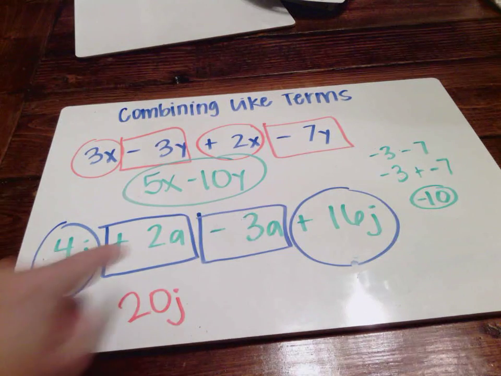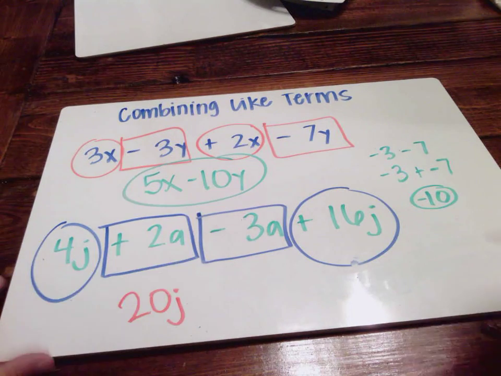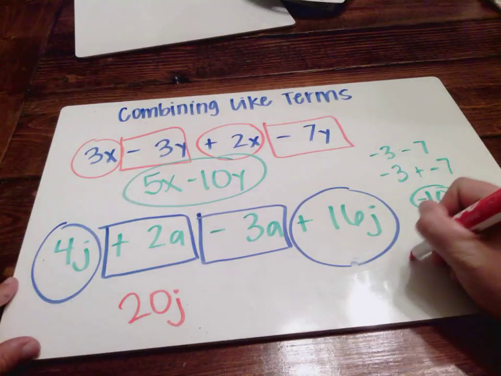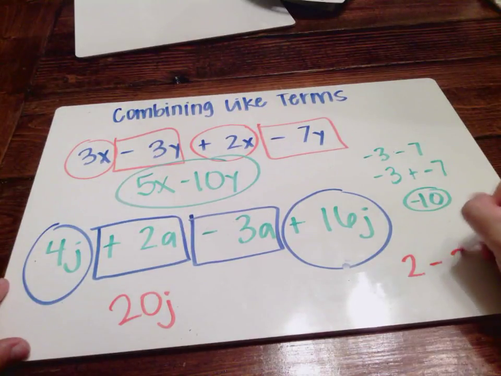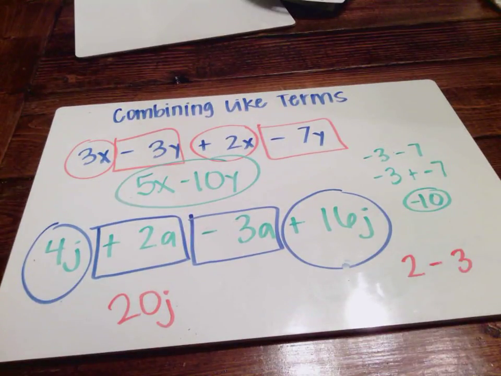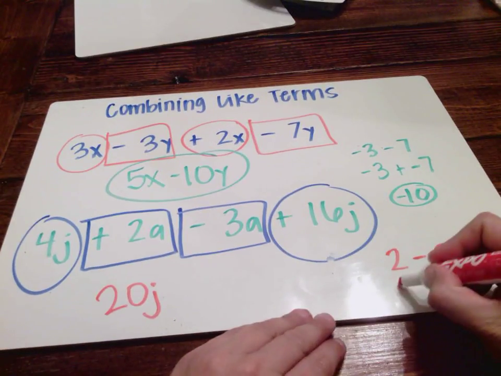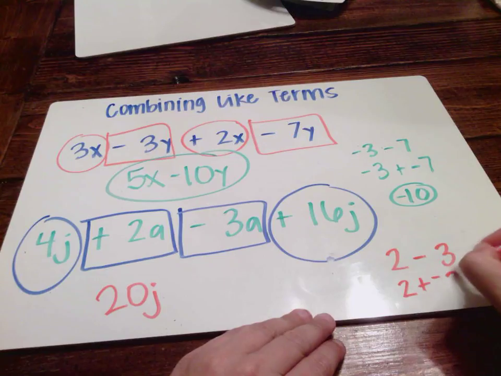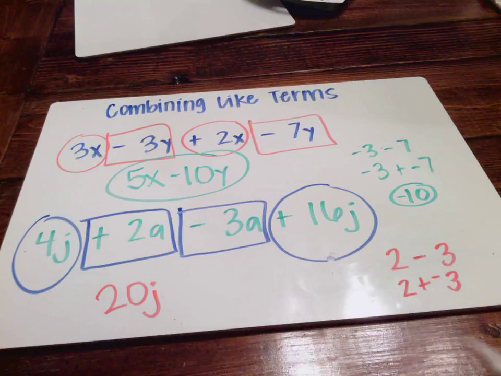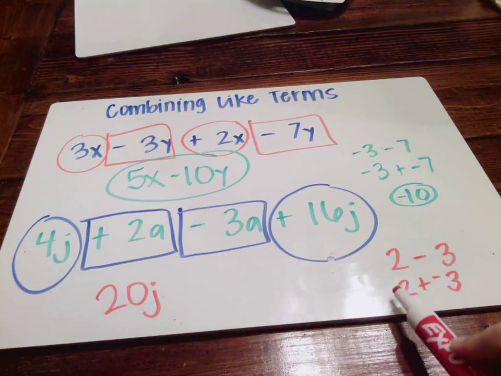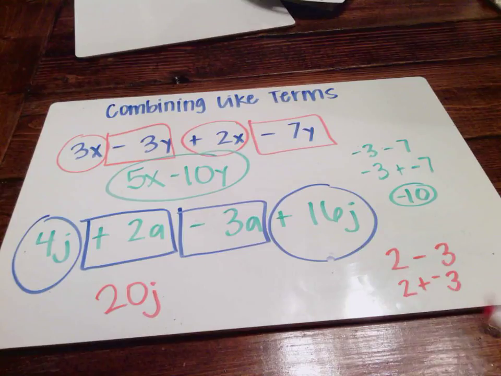Now I need to move to 2a minus 3a. So over to the side, 2 minus 3. Well, remember, I want to make this into an addition problem so I can use my rules. So 2 plus a negative 3. Now, are my signs the same? They are not, because my 2 is positive and my 3 is negative.